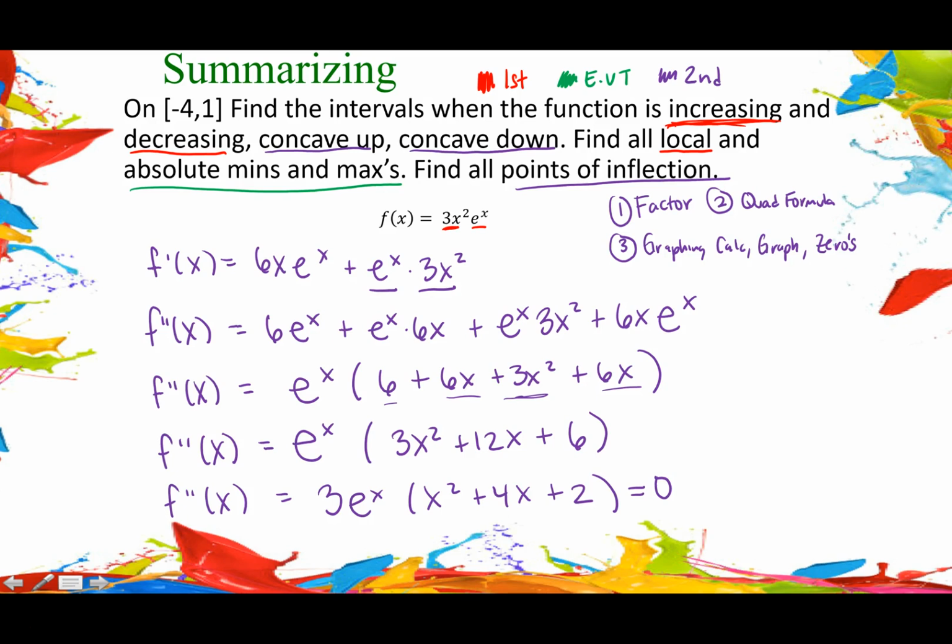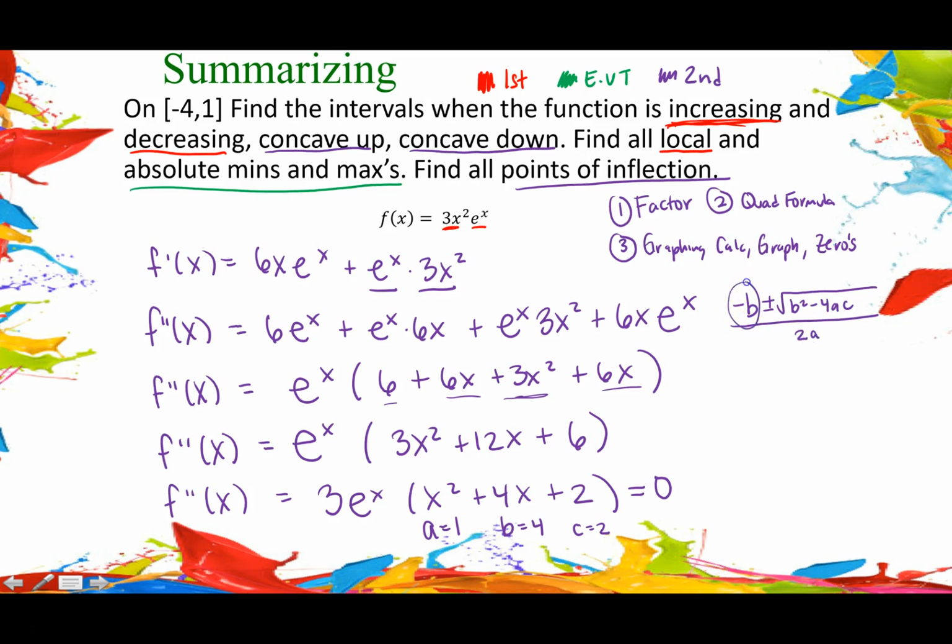So what I'm going to do is I'm actually going to use the quadratic formula, and I can review in class how to use the graphing calculator if you prefer. But here our a is 1, our b is 4, and our c is 2. So the quadratic formula is negative b plus or minus the square root of b squared minus 4ac all over 2a.